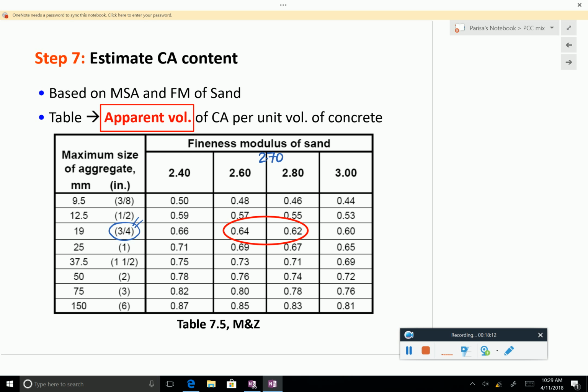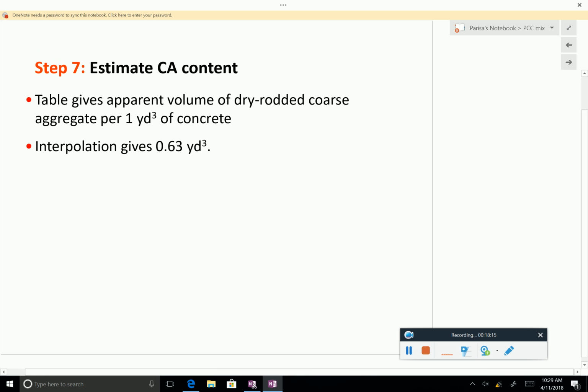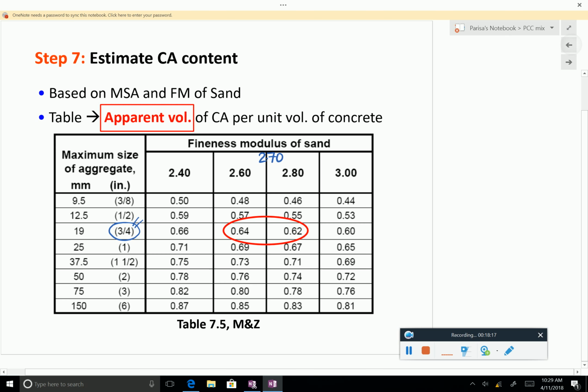So what you get would be the average of these two values, which would be 0.63. And remember, look here what it is written. This is apparent volume of coarse aggregate per unit volume of concrete. It is volume, right? It is basically, if you took 1 cubic yard, how much coarse aggregate this table is suggesting?